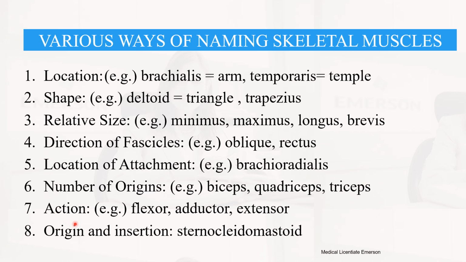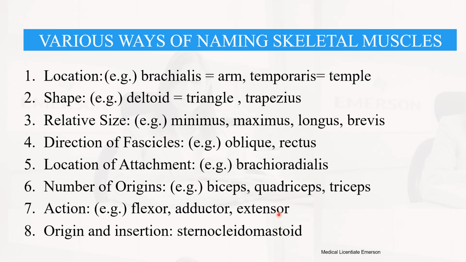Then in terms of action, what is the action of the muscles? Do they flex, do they abduct, do they extend? Those that flex, we call flexor muscles. Those that abduct, we call abductors.